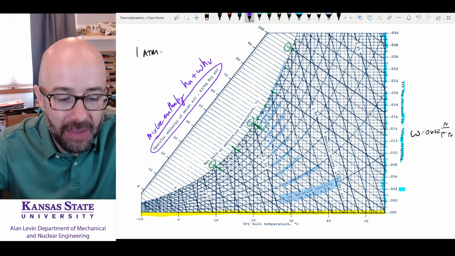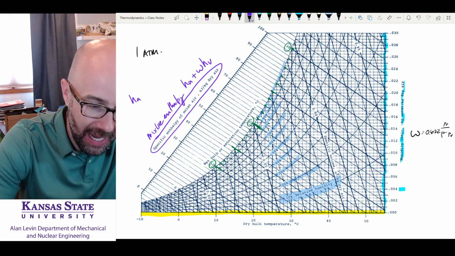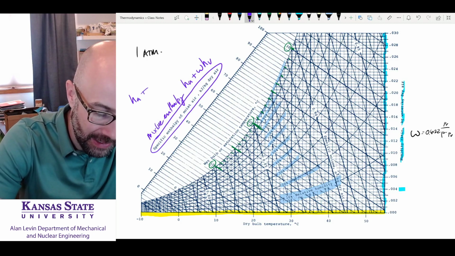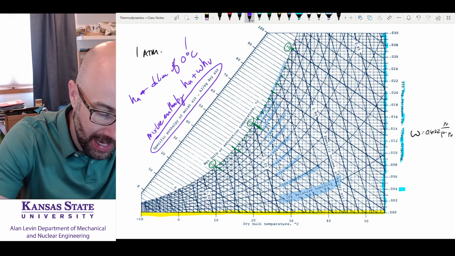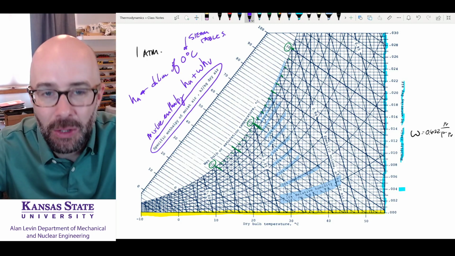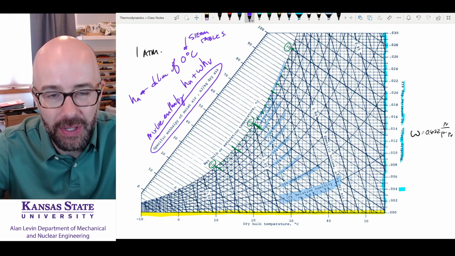On this figure, HA, enthalpy of the dry air, has a datum of 0 degrees Celsius, which is the same as the steam tables. Not 0 degrees Kelvin, which is what the ideal gas tables have.